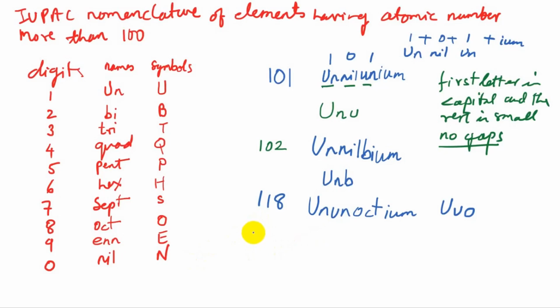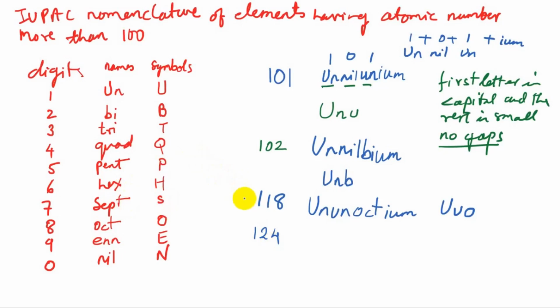Suppose an element comes with 1, 2, 4. Then what name will you give it? 124. What will be the name given? So it will be unbiquadium. Simple one.